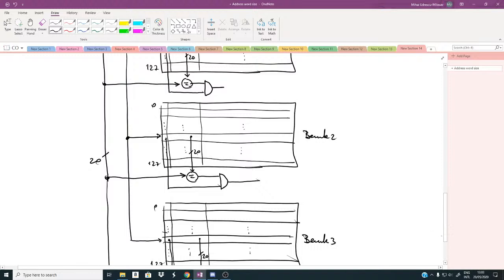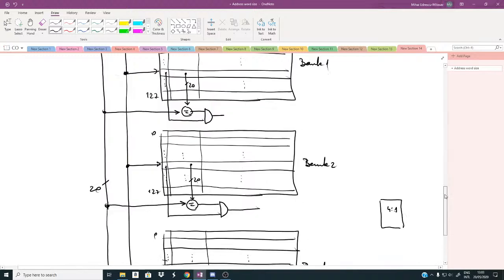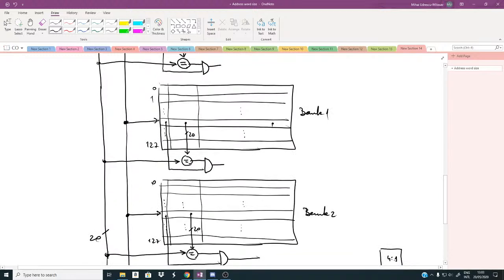Okay, so I'm going to need here a 4-to-1 multiplexer.